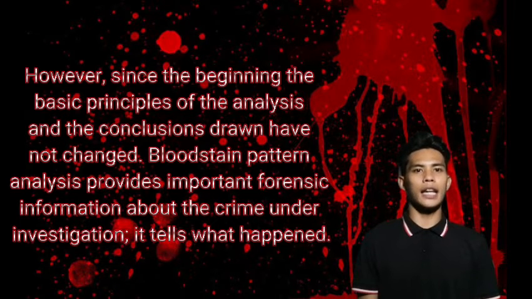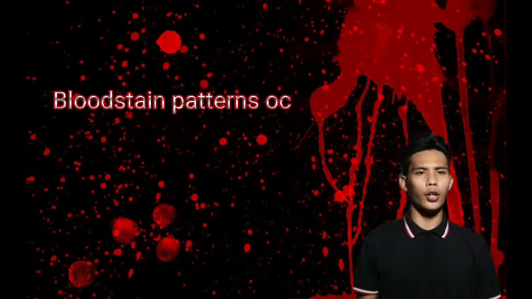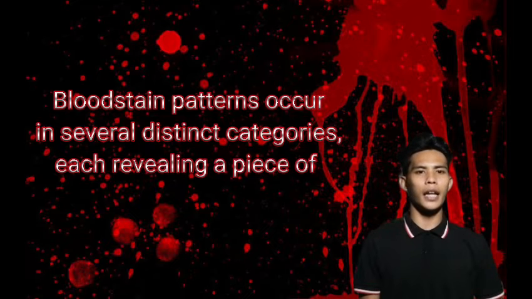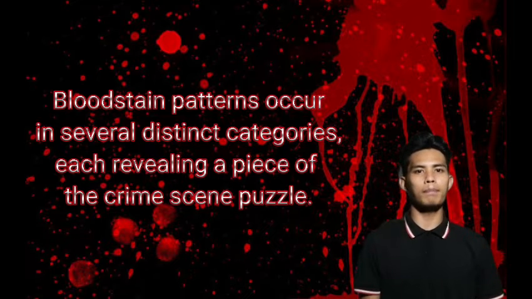Blood stain pattern analysis provides important forensic information about the crime under investigation. It tells what happened. Blood stain patterns occur in several distinct categories, each revealing a piece of the crime scene puzzle.